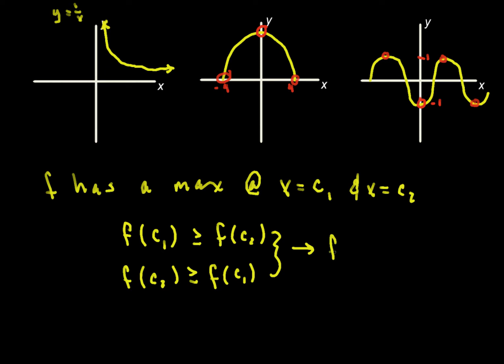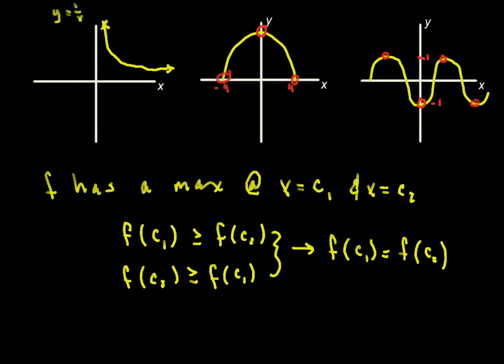So f of c1 has to be equal to f of c2. So we see that maximum values of a function are unique. By a similar argument, minimum values of a function have to be unique. So the question here is, how do we find these minimum values?